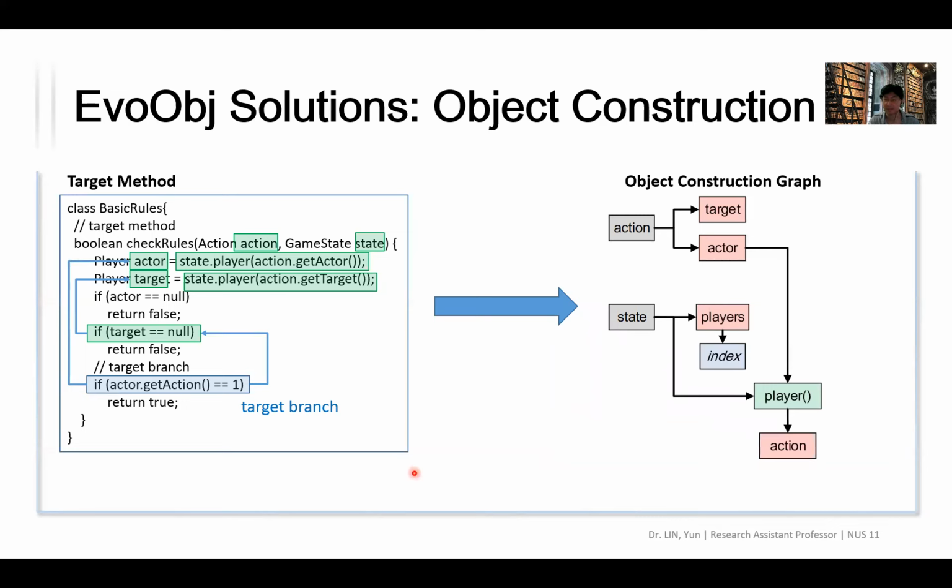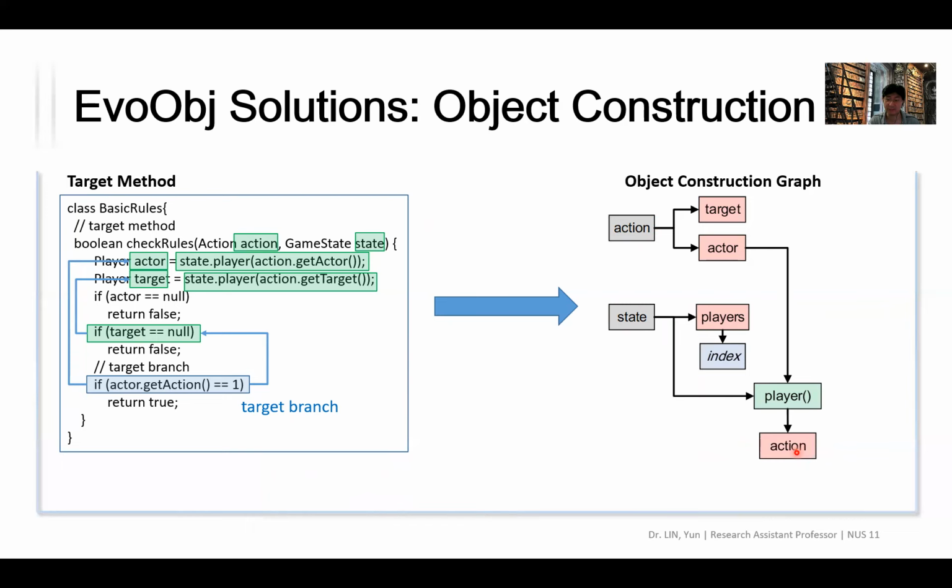The first step is that we construct an object construction graph by applying interprocedural static slicing based on the branch operands. Different from traditional slicing results, we keep the graph structure while applying the data and control slicing across the program. The graph will start with a method input or input objects and end with the relevant object state variables.